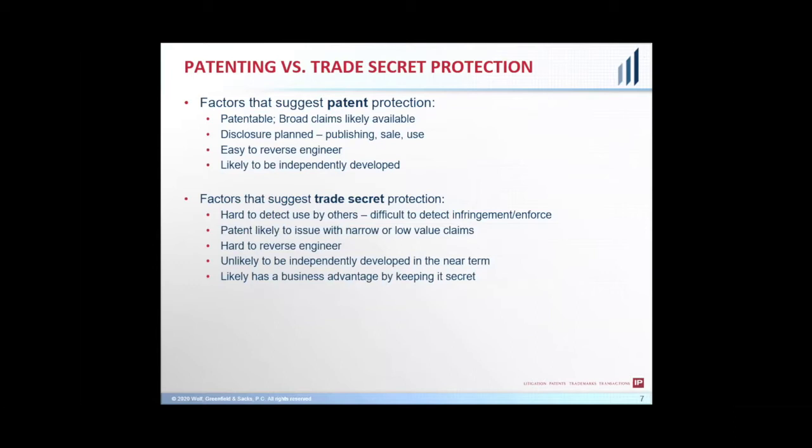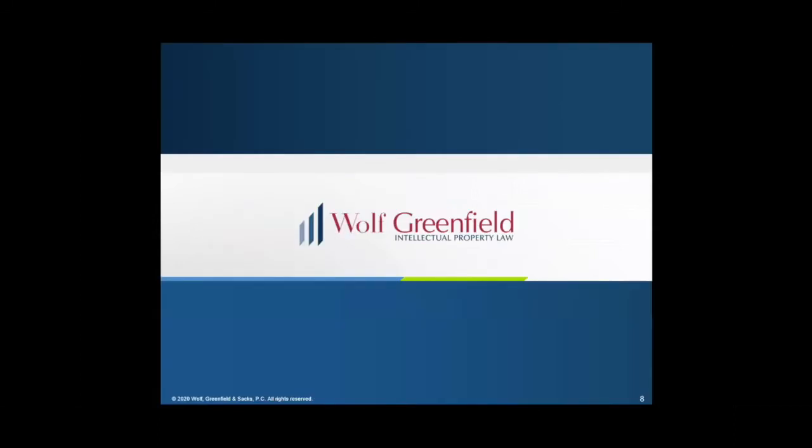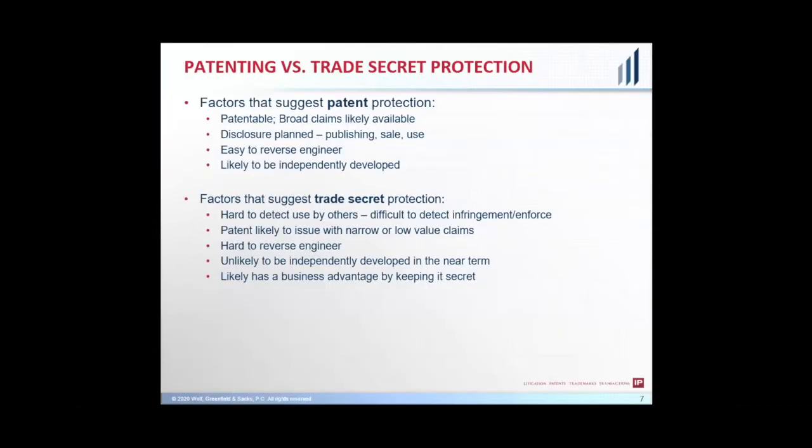So disclosure pushes you more on the side of patent protection. If the technology is easy to reverse engineer or is likely to be independently developed, you would push more on the side of patent protection.